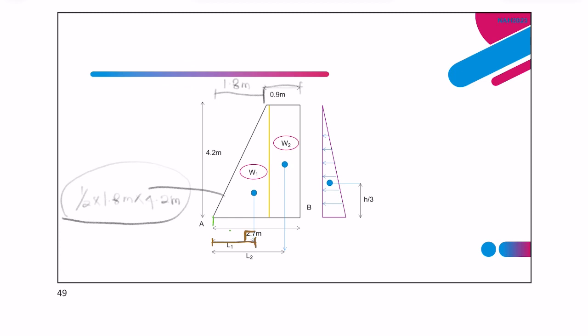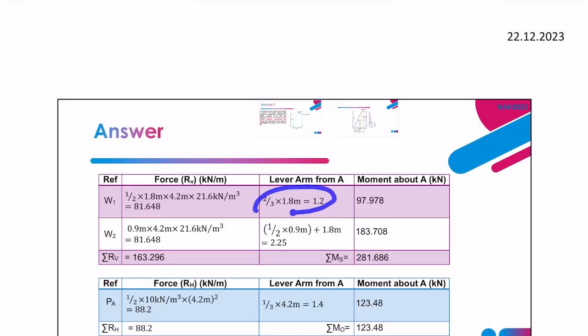Therefore, this one is 2/3 of the breadth of the triangle. So 2/3 times 1.8 meter. That is the lever arm. Then get the moment by multiplying the force with the lever arm.